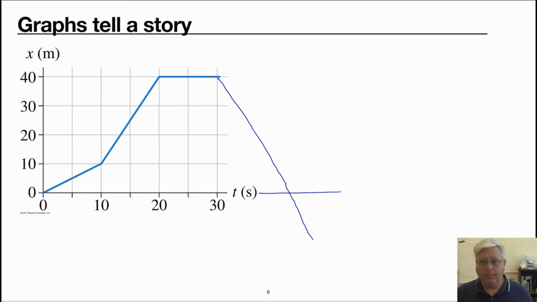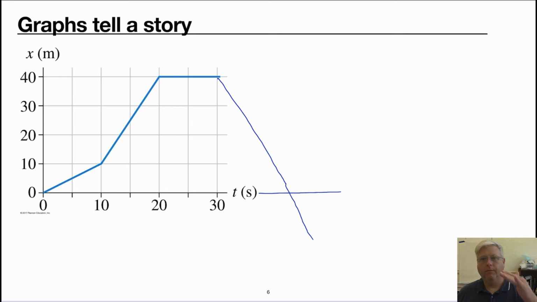So there's a few problems with this graph. For example, consider at 10 seconds and at 20 seconds. We see we're going at a nice straight constant velocity, and then bam, another nice straight constant velocity. Well, we know that this doesn't really happen in real life.